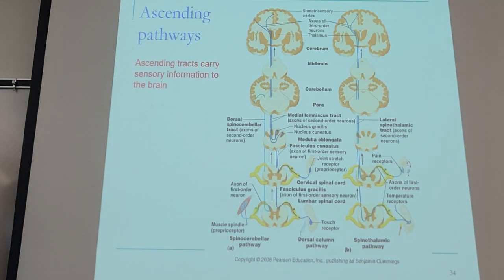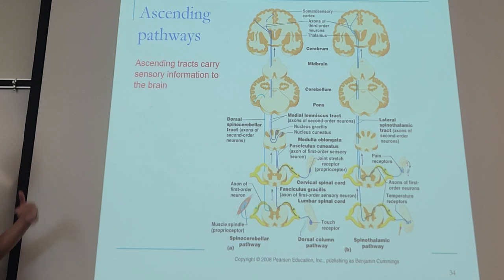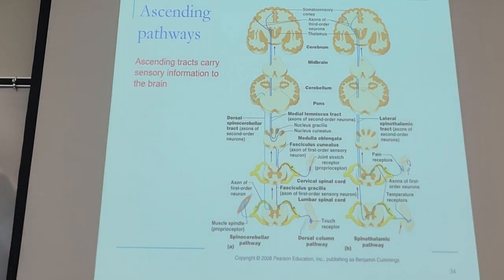So if you think about how many pathways we have, and how many experiences they're responsible for, it just blows your mind, no pun intended, as to the level of complexity and detail and the speed at which this happens.